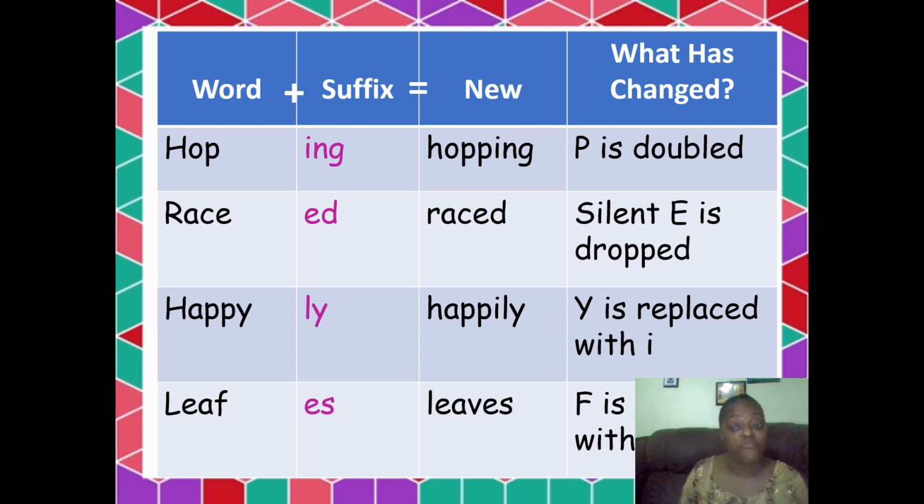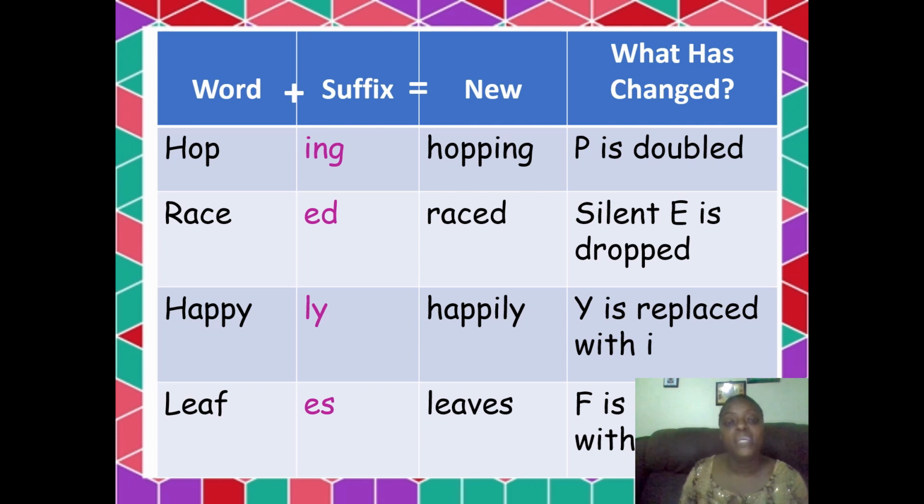Then we have race. Race is a word with the CVCE rule. So the CVCE rule, the final E is usually silent. Now, adding another suffix beginning with a vowel is going to mess that all up.